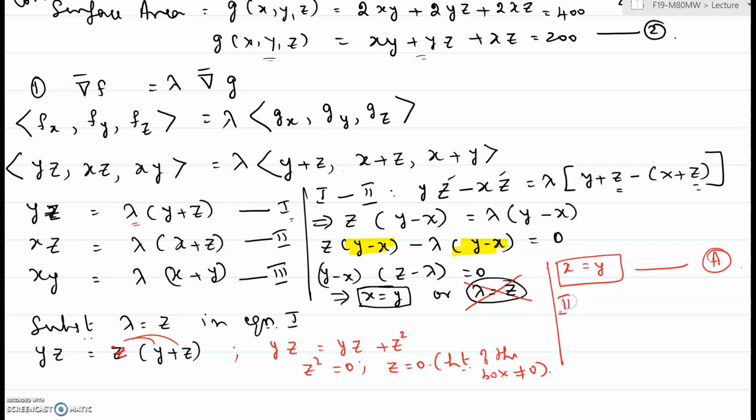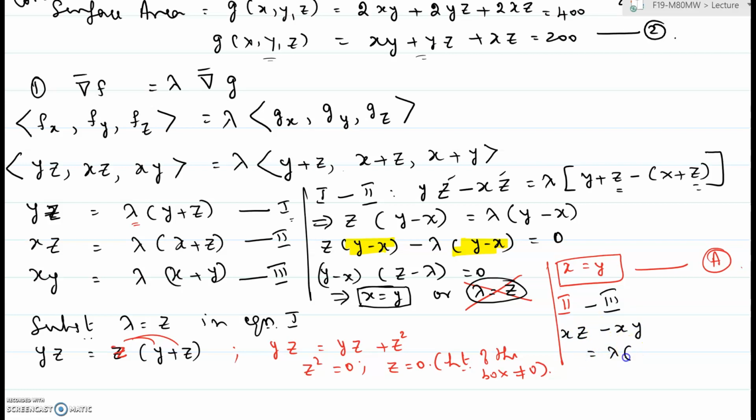When we do the same computation, we will consider equation 2 minus equation 3. So that will give us xz equal to lambda times x plus z. We are subtracting equation 3 from equation 2. So on the left hand side, if you subtract, it will be xz minus xy.